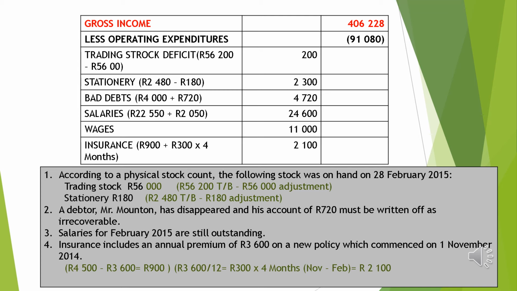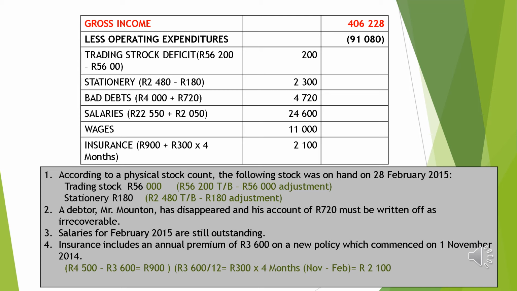Then the difference here is this: whenever we are buying stationery during the financial year, we treat it as an expense. Then, at the end of the financial year, stationery on hand or unused stationery, we regard this as an asset because there is still a value attached to this particular stationery.